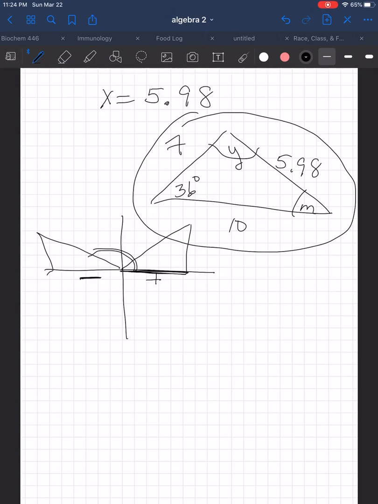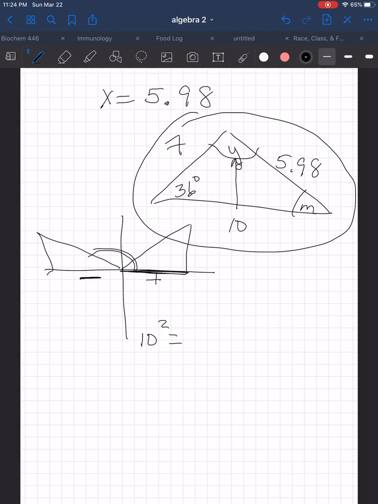So in this triangle right here, if there was an obtuse angle, where would it be? Well, obviously it's not 36 degrees. If we have an obtuse angle, it's got to be across from the longest side. So 10 is longer than 7, so if there is an obtuse angle, it's got to be angle Y. So I'm going to find angle Y next, which means I'm going to start with the side opposite it.